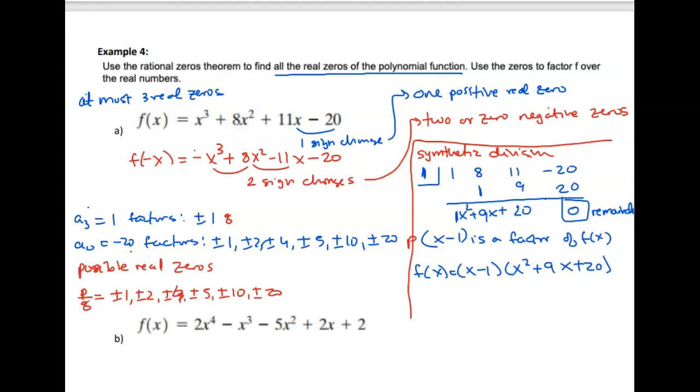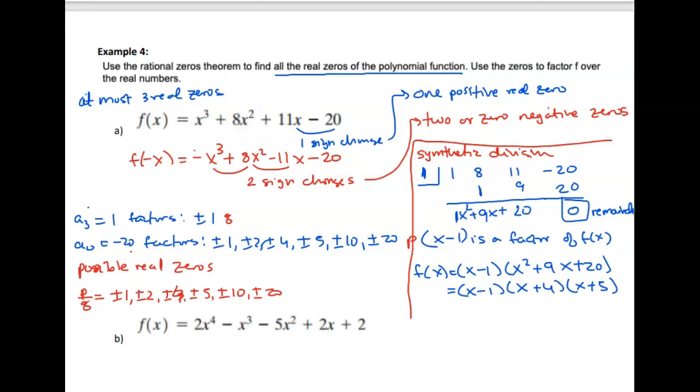Right? Now you keep going. Now with a quadratic, you want to factor this if you can. Okay? And we can. This is x plus 4 and x plus 5. Right. So the first one, we had to list the possibilities and try out to see which one was the first 0. But once you get a quadratic, you can factor.